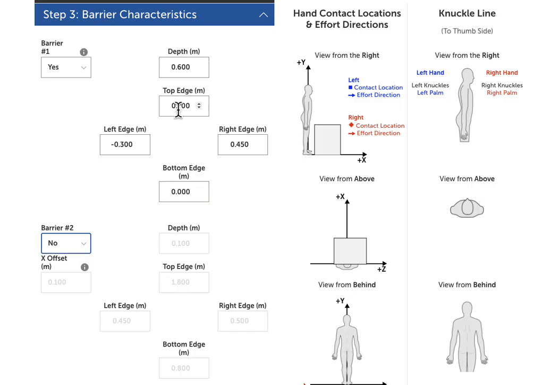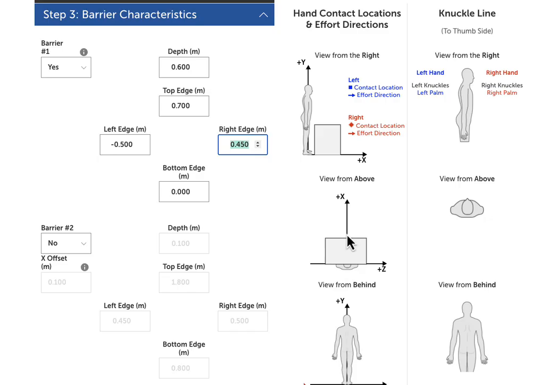And you'll get some warnings, let's say if for some reason the top edge is lower than the bottom edge, it'll just flag that for you. But as you progress through, you probably will fix that up. We're going to say that this edge goes negative 0.5 meters to the left. So you can see it now going to the left.